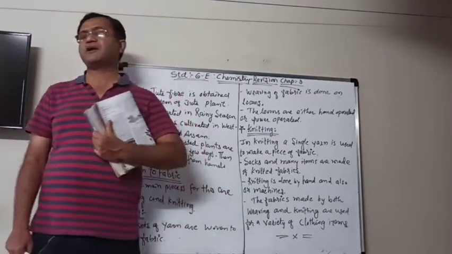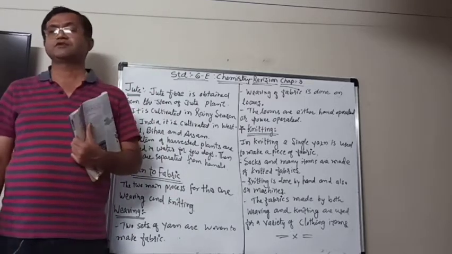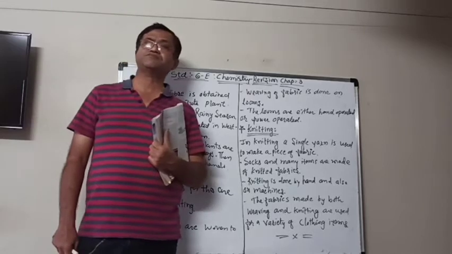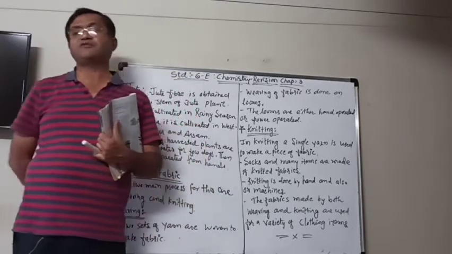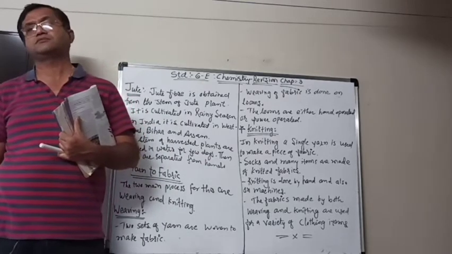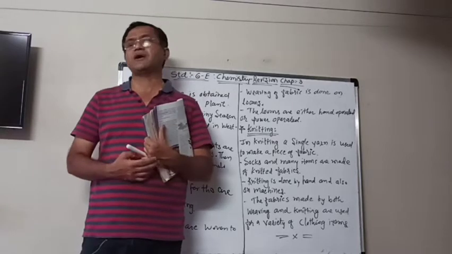And here also the fibers get separated and then twisted to make the yarn. So now we learned about the making of the yarn from both types of fibers, cotton and jute.